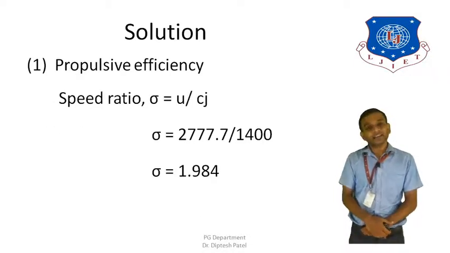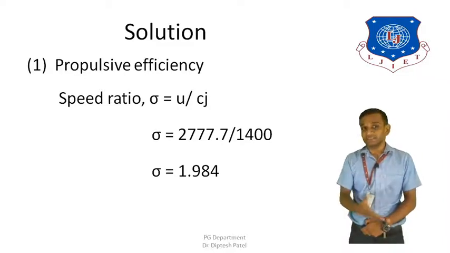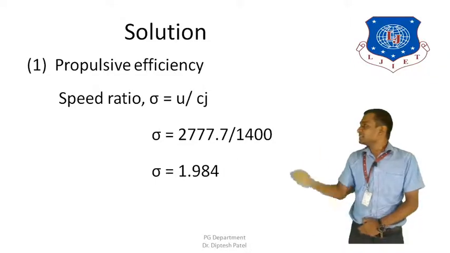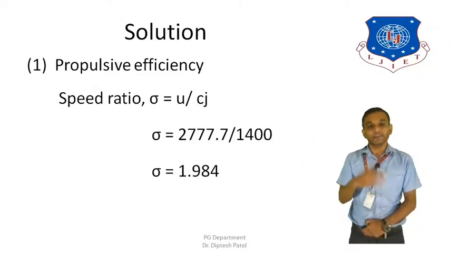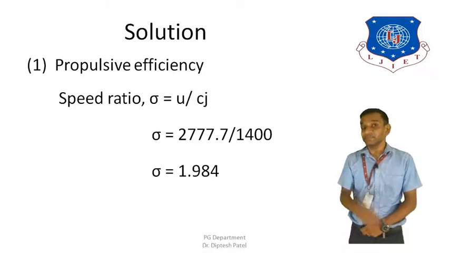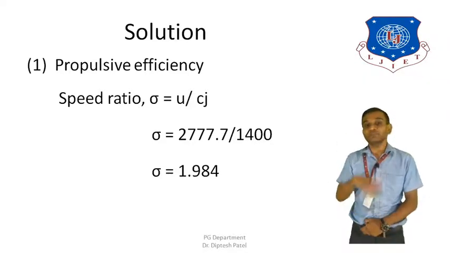First thing that was asked is the propulsive efficiency. Now to get the propulsive efficiency we need sigma. So here the speed ratio sigma is equal to u divided by Cj. And u is the velocity of the engine, the velocity of the aircraft, while Cj is the velocity of the gases which are leaving the nozzle. We have converted the aircraft velocity to meter per second, so I am going to use them in meter per second.